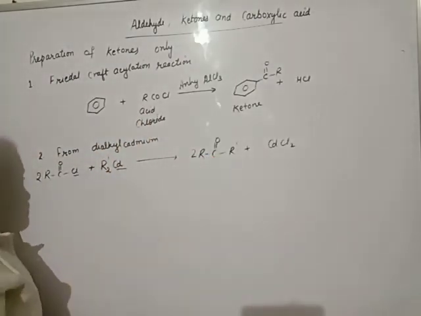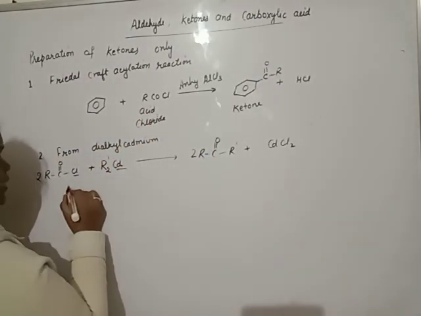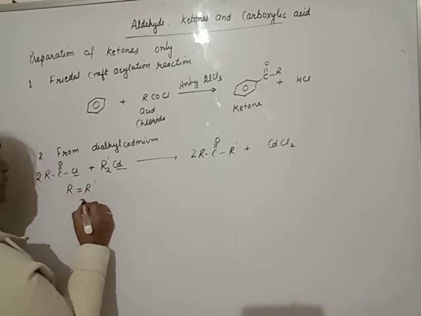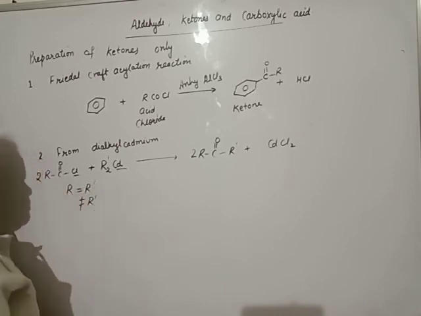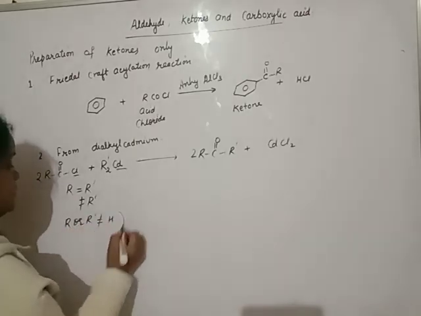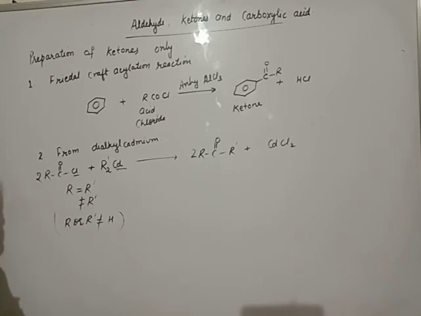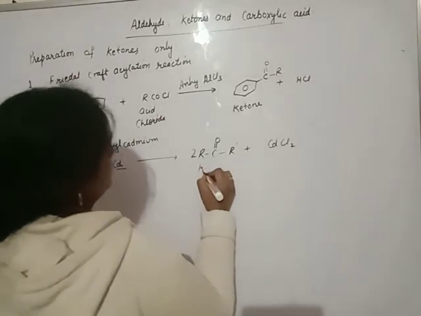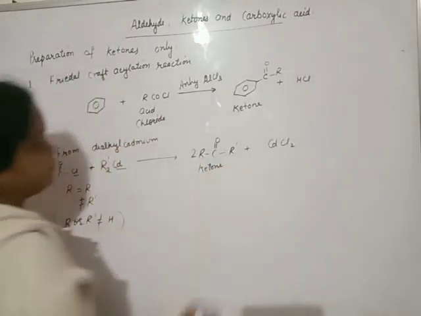Cadmium is removed with chlorine. R or R dash may be same, may not be same. R or R dash, never be H. Clear? Only ketones can be prepared by this method.